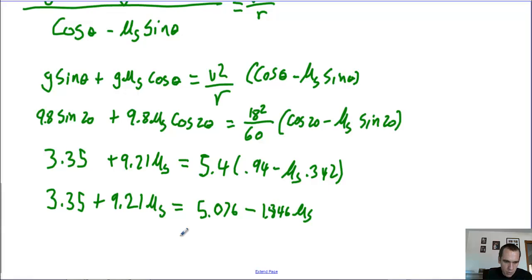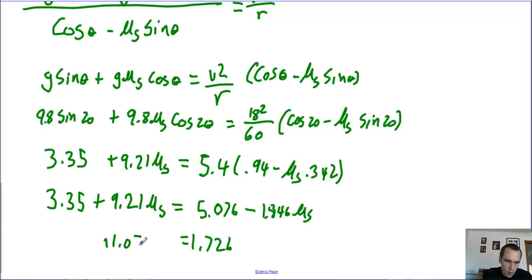So 5.076 minus 3.35 is 1.726, and then 9.21 plus 1.846 is 11.056.